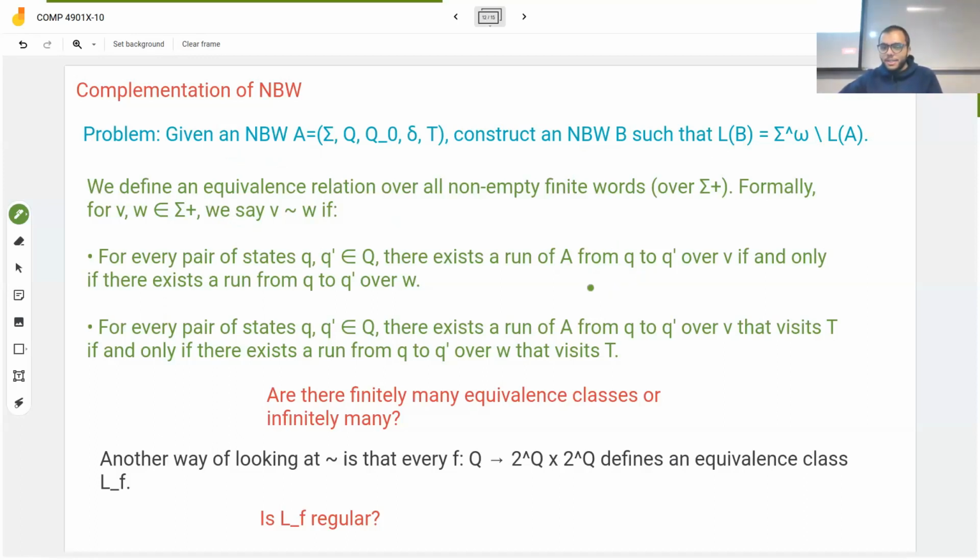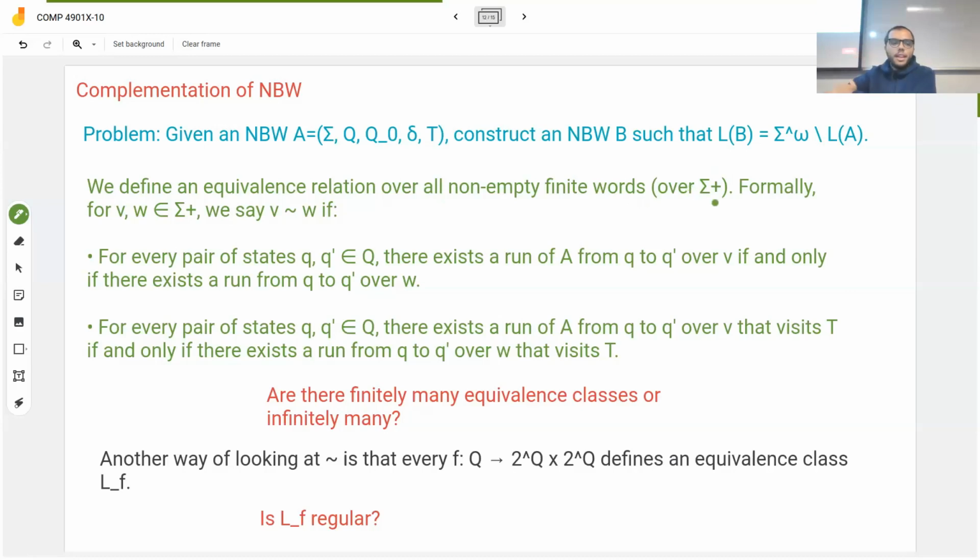So here's the first step. I say it's too hard to reason about infinite words. So let's instead try to reason about finite words. So I define an equivalence relation over all non-empty finite words, all the words in sigma plus, all the words that are finite but not empty.